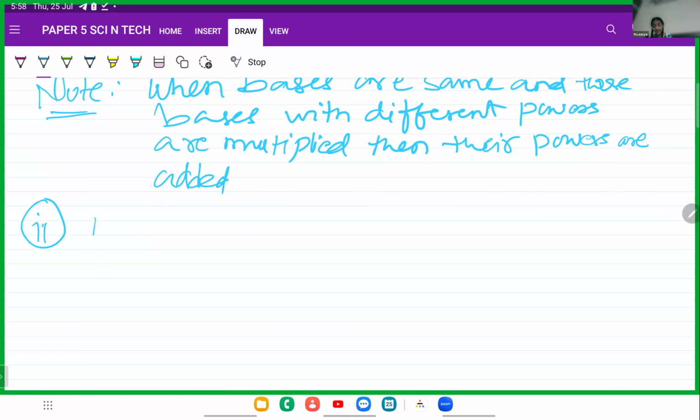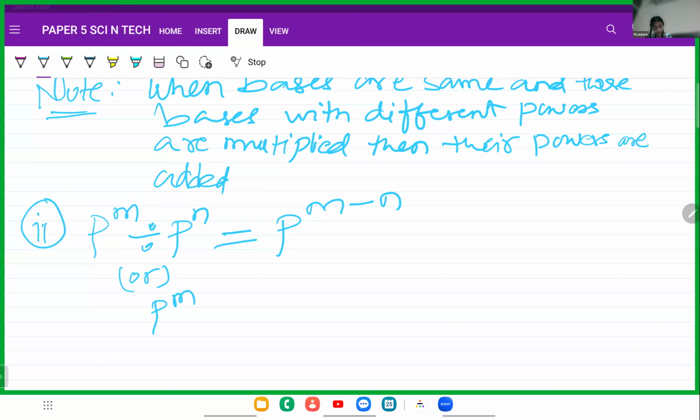So when bases are same and they're dividing, then what?